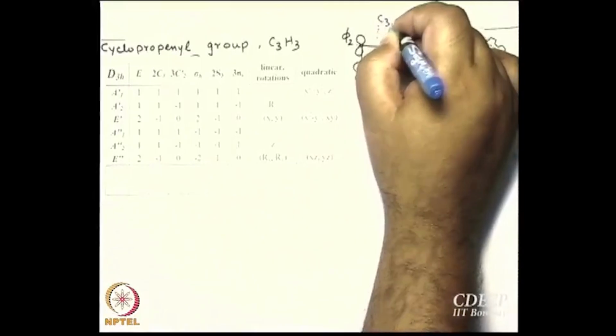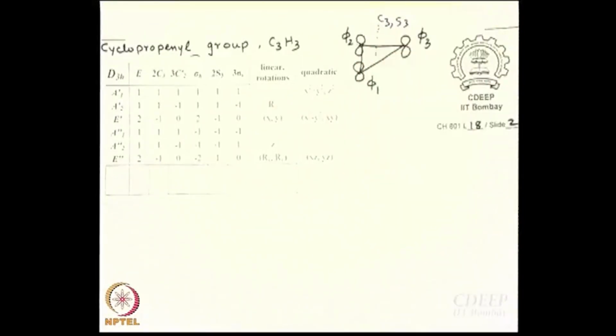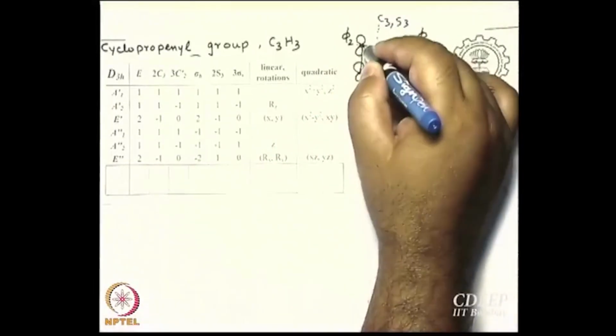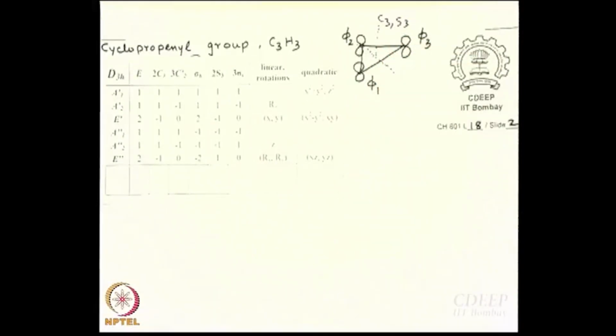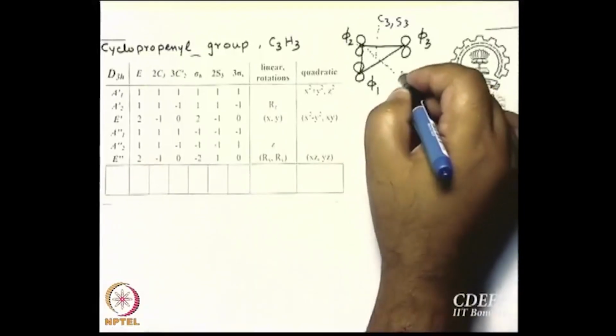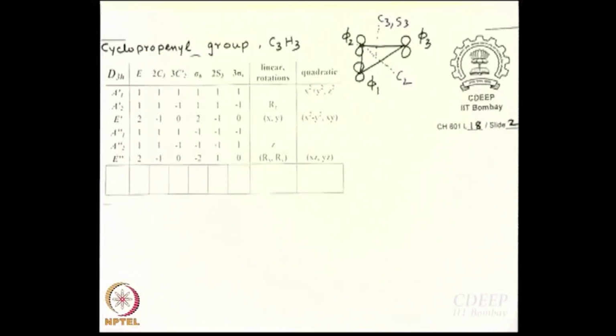Where is C3? This is C3 as well as S3. Where are the C2s? Connecting an edge to the midpoint of the other side, and there are 3 such. These are C2s. Where is sigma h? The molecular plane, no problem with that. What about sigma v's?